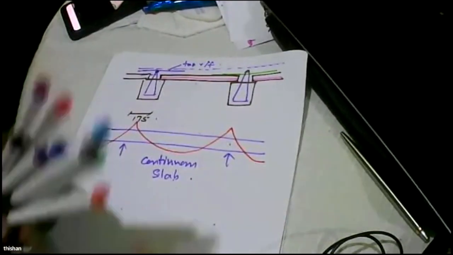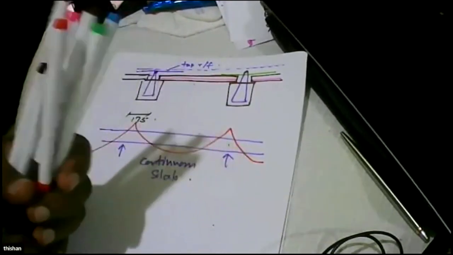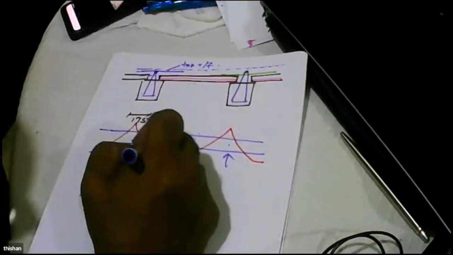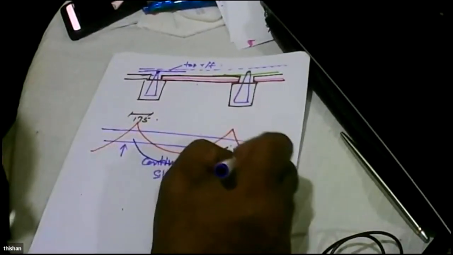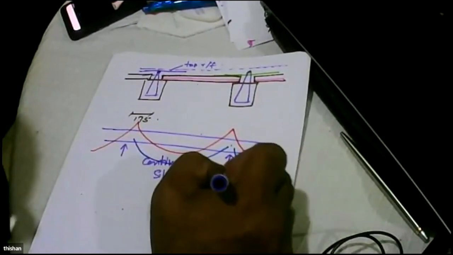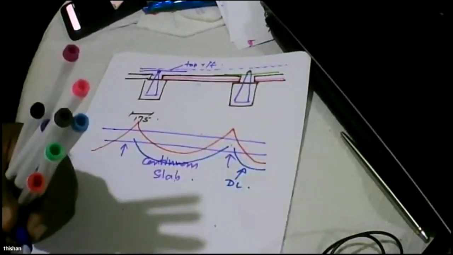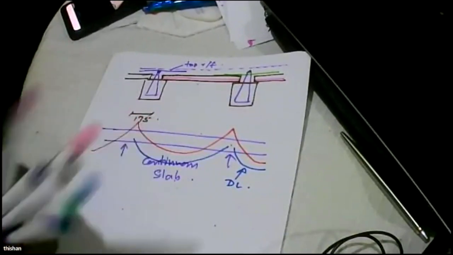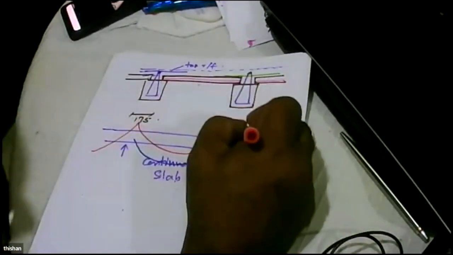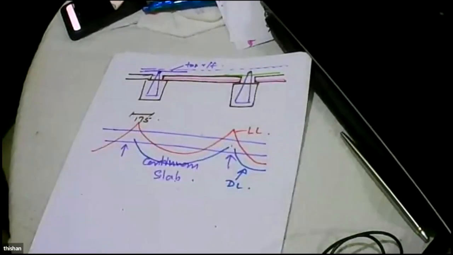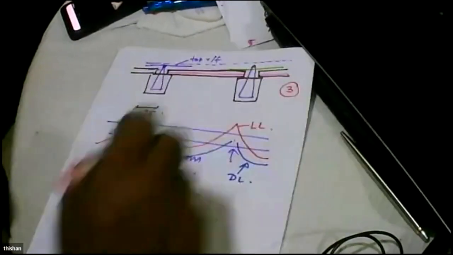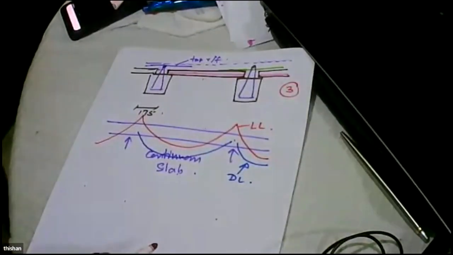For the dead loads, there is no continuity. So it will be a bending moment diagram like that for dead load. And for the live load, it will be a continuous diagram. So when you load it, this will have a very satisfactory behavior with minimum deflection.